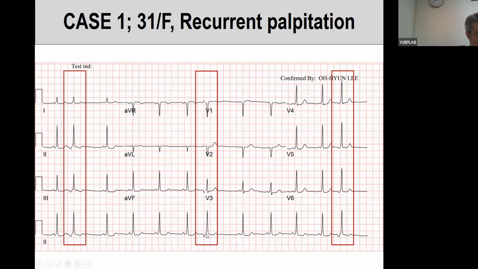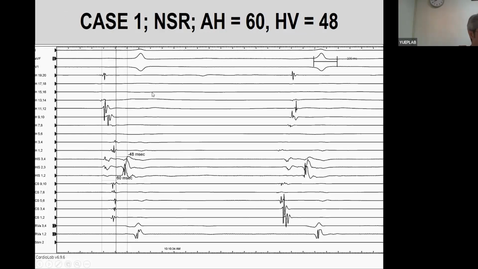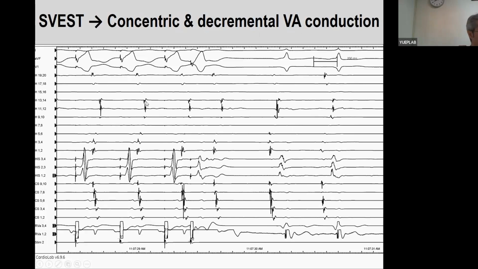However, after PAC, the delta wave morphology was almost the same as in sinus rhythm. We conducted the EP study, with the catheter position like this. This is the electrogram during sinus rhythm. This is the His-bundle signal and the QRS onset here. The HV interval is almost normal, even though the delta wave is still here.